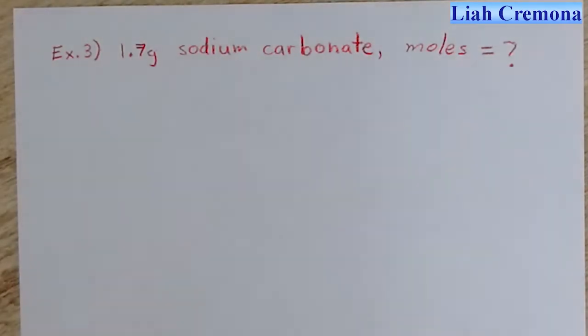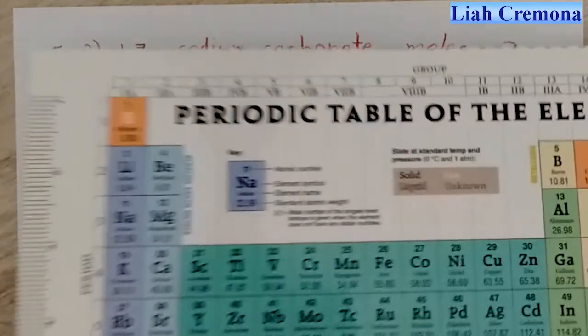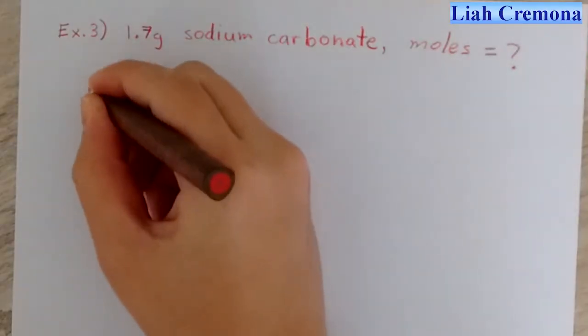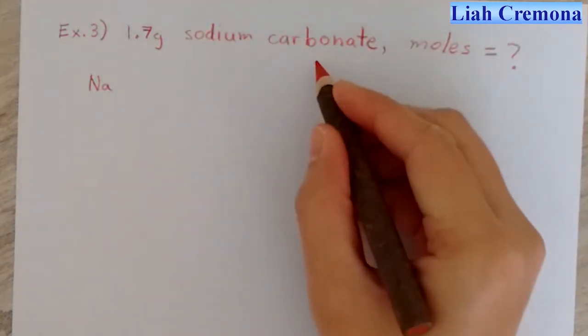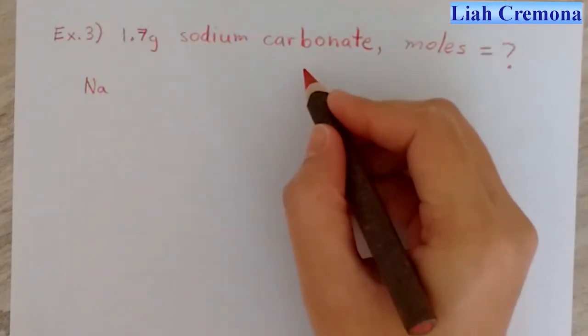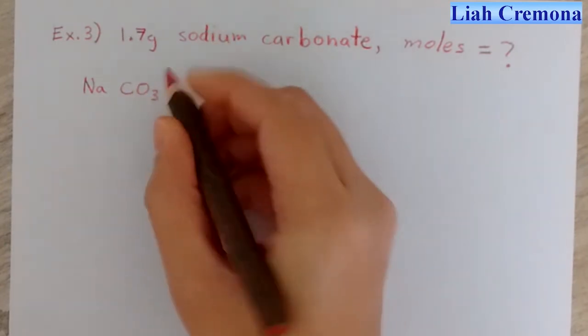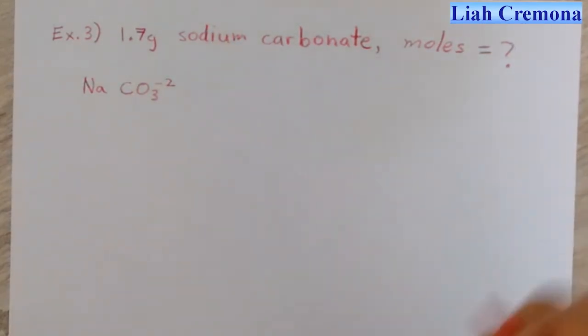We know from the periodic table that sodium is represented by Na, and carbonate is a polyatomic ion represented by CO3 and has a -2 charge.